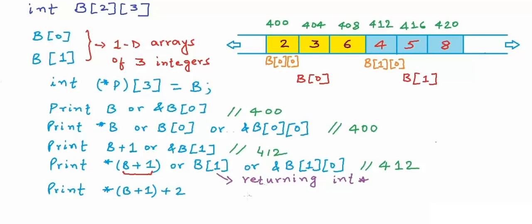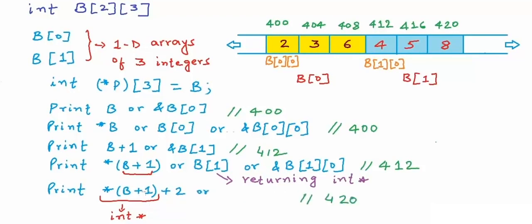Adding 2 here is performing pointer arithmetic because asterisk (B plus 1) is a pointer to an integer storing this address 412. Adding 2 is basically going to the address of the next to next integer, which will mean skipping 8 bytes and going to reference the integer at address 420.